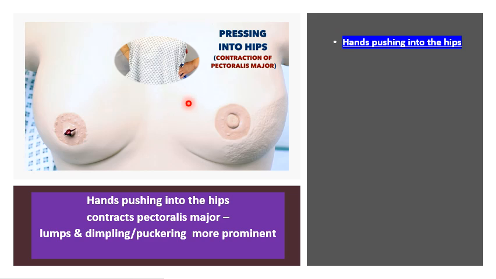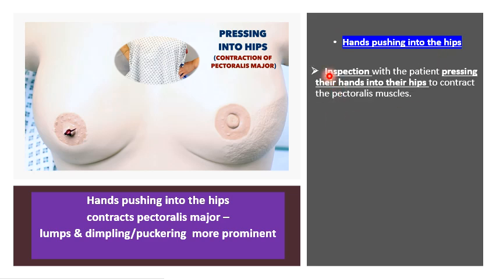Okay, the next part of the examination procedure is to ask the patient to stand with the hands pressing onto the hips. Pressing into the hips helps to contract the pectoralis major muscle.